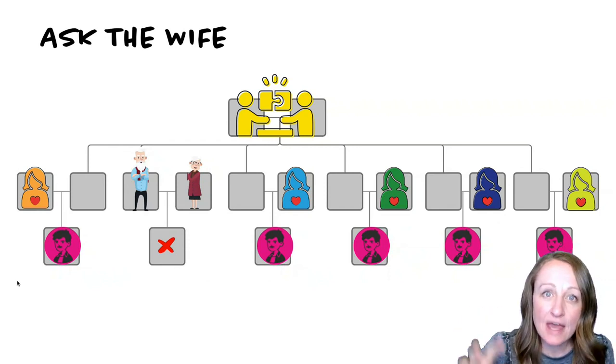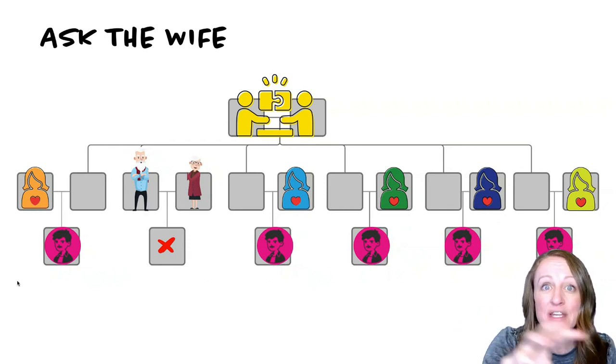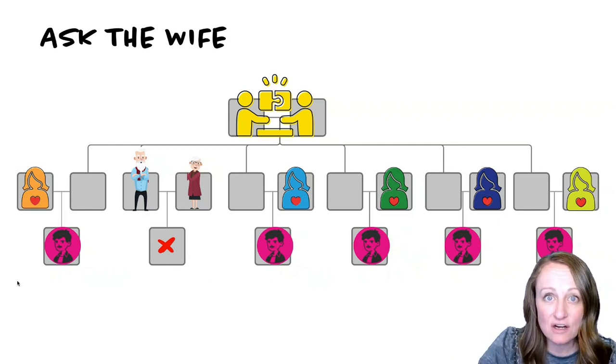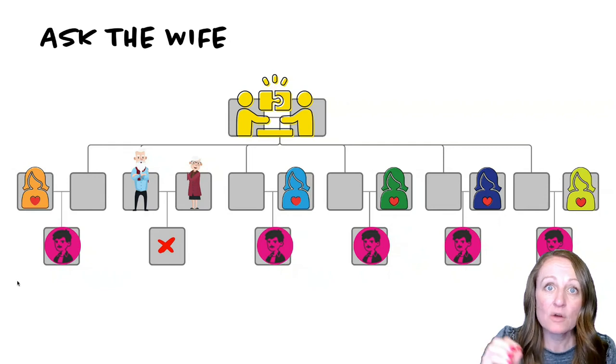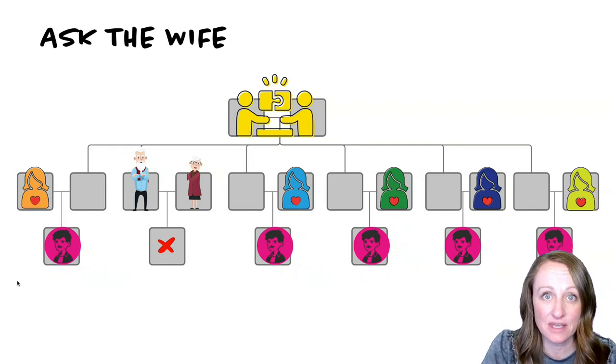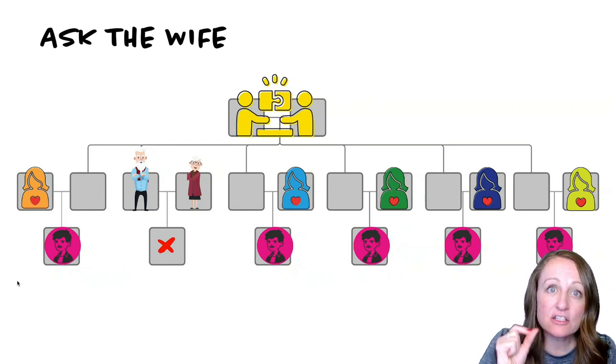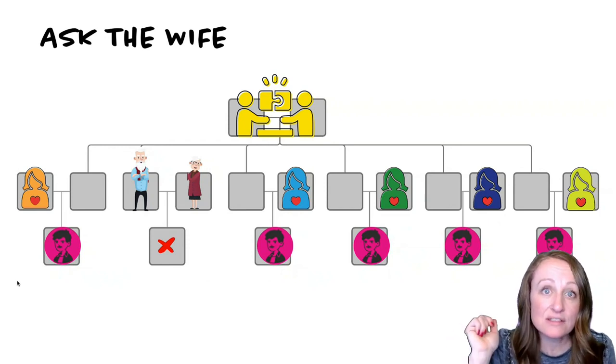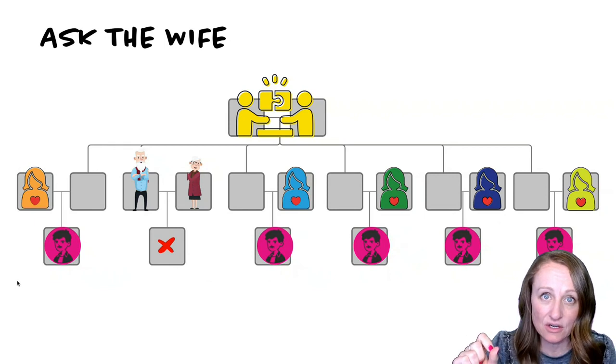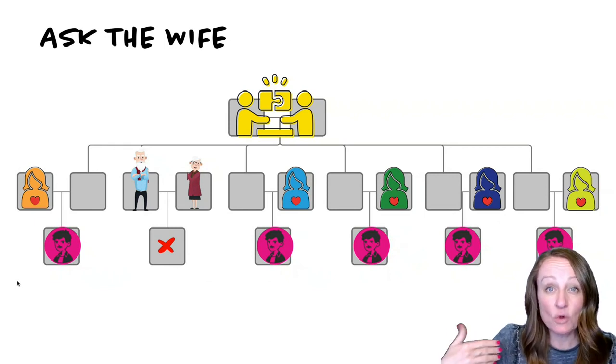You found a genetic network, a group of people in your DNA match list who share DNA with each other and who connect to Mildred and Morty, who's led you to this family. So what I'm telling you now is that to determine which of Morty's siblings is your ancestor, you need to ask the wife.